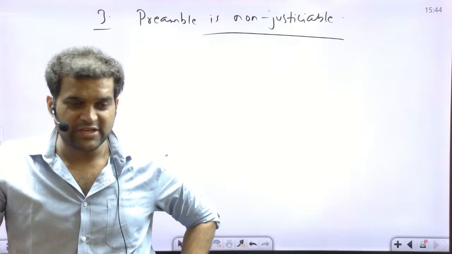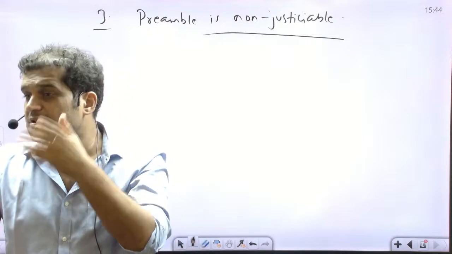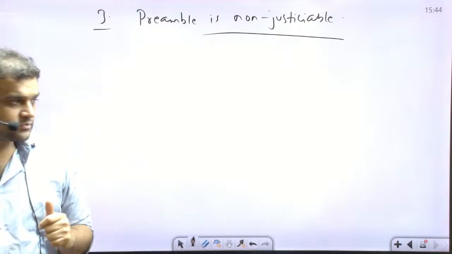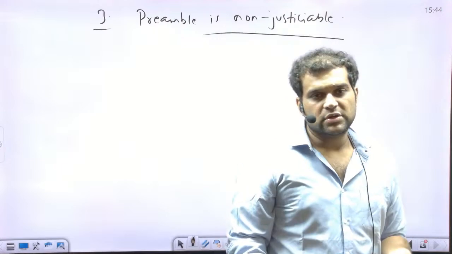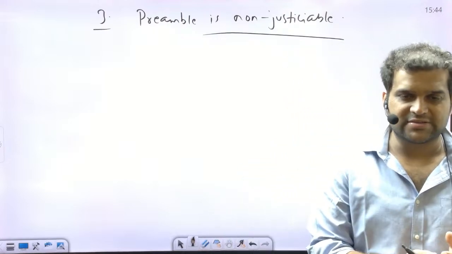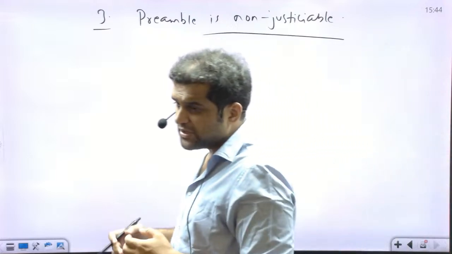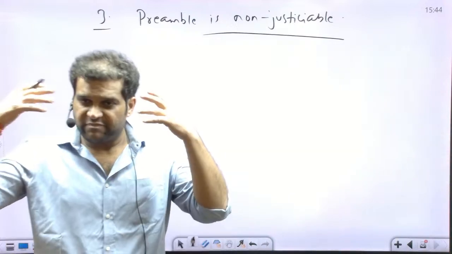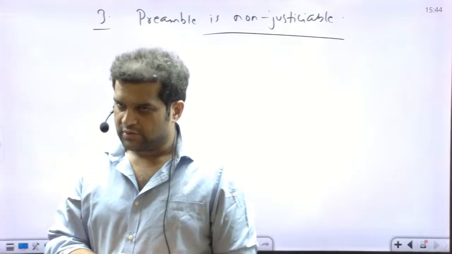It means that the government is not bound to follow the principles or the guidelines written in the preamble. All right? The principles, the philosophy of the preamble, the government is not bound to follow that philosophy. Number one.